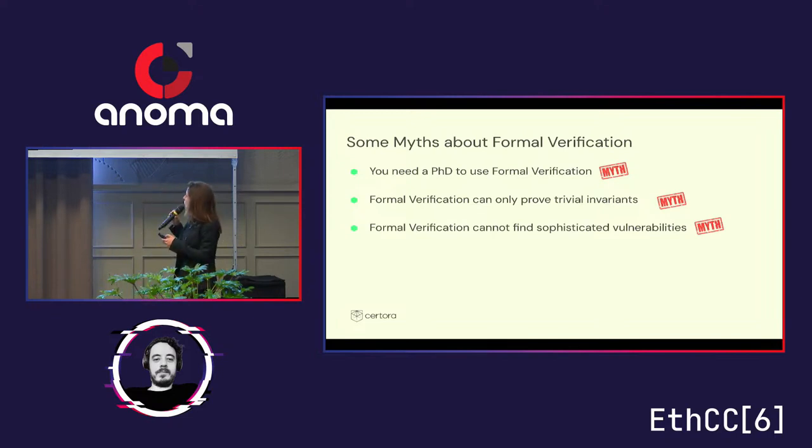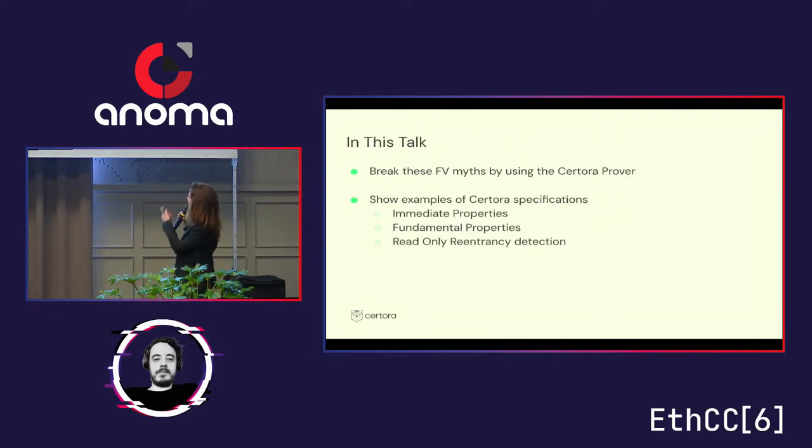So in my talk today, I want to break this myth with the Certora prover. I want to show you some examples of Certora specifications and usage of the Certora prover. And we will go from immediate properties on protocols to some detection of vulnerabilities such as read-only reentrancy.